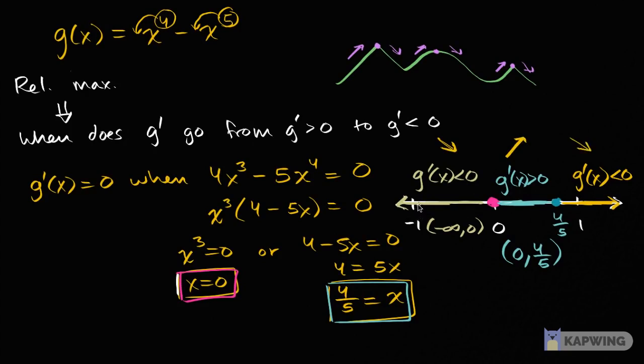So at what critical point are we going from increasing to decreasing? Well, we're doing that at x equals 4/5. So we have a relative maximum at x equals 4/5. If they asked where we have a relative minimum point, that's going to happen at x equals 0, where we're going from decreasing to increasing. But we've answered their question of where we find a relative maximum point.